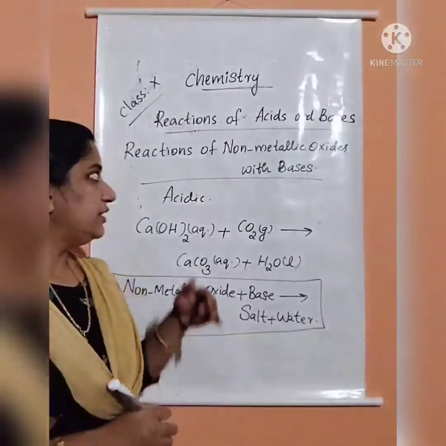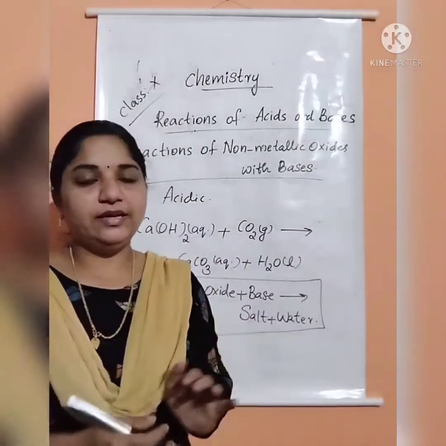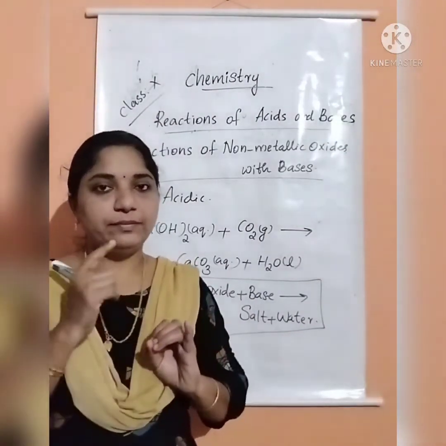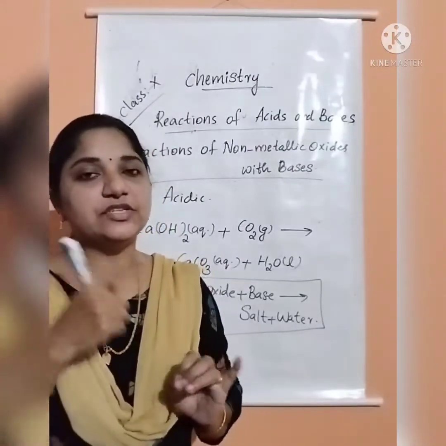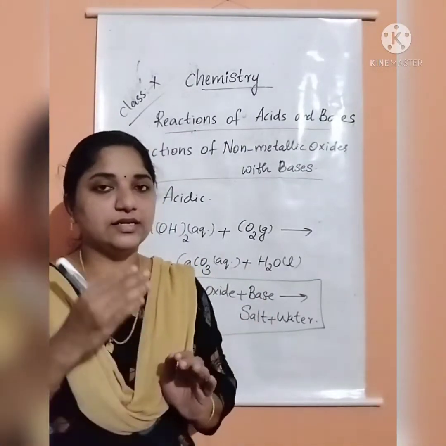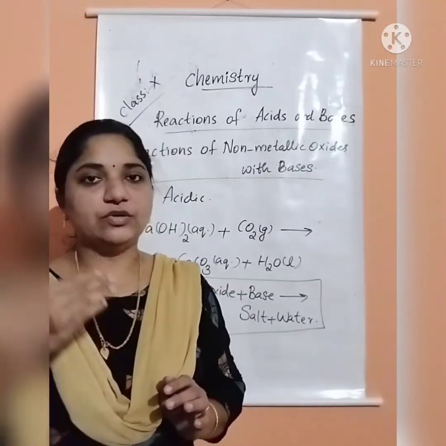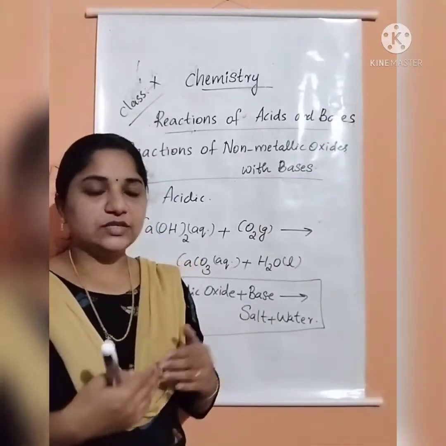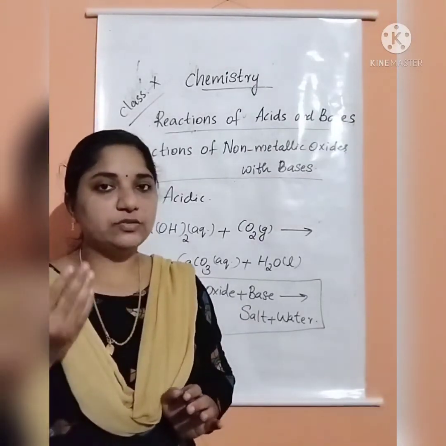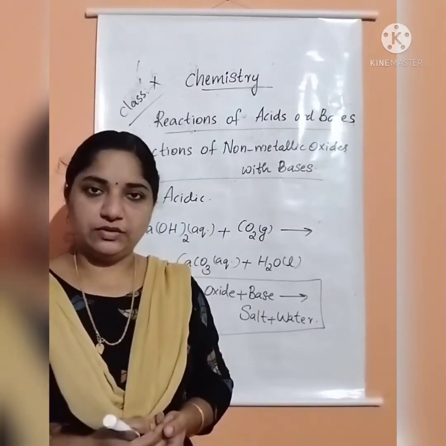Okay, so we learned many reactions today. That is, first one, metal carbonate and metal hydrogen carbonate react with the acid. The products are corresponding salt, carbon dioxide gas and water. The next one, what is the reaction between acids and bases? When acid reacts with the base it forms corresponding salt and water.